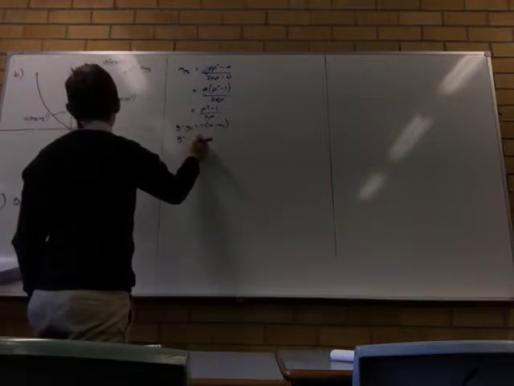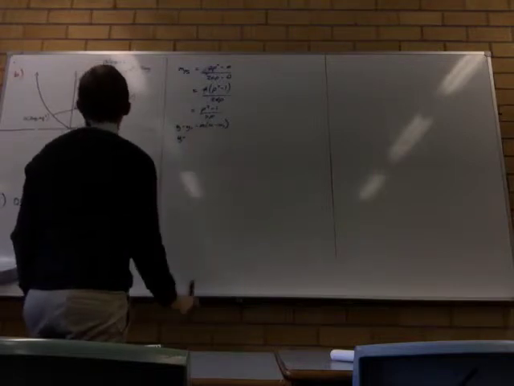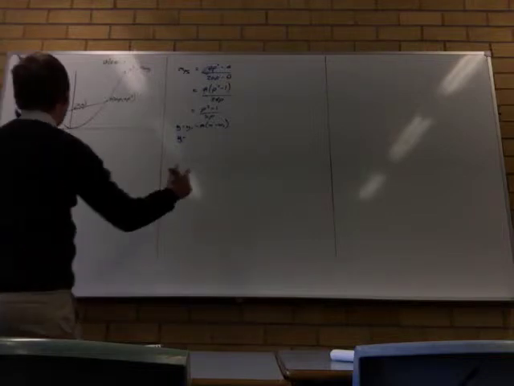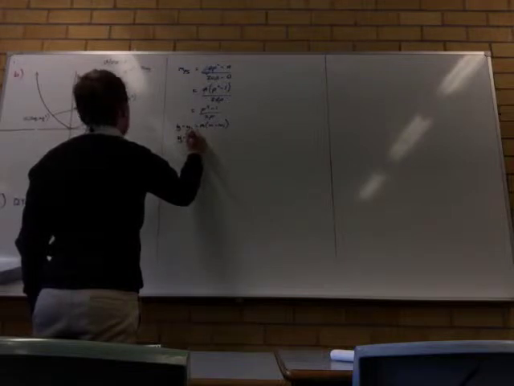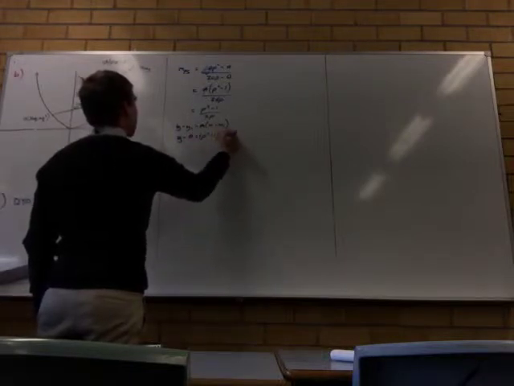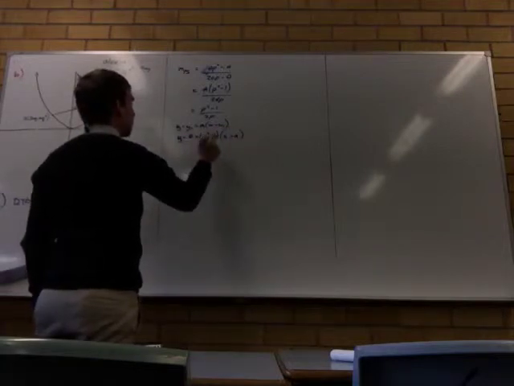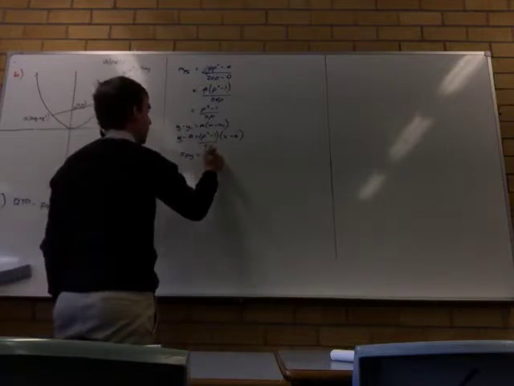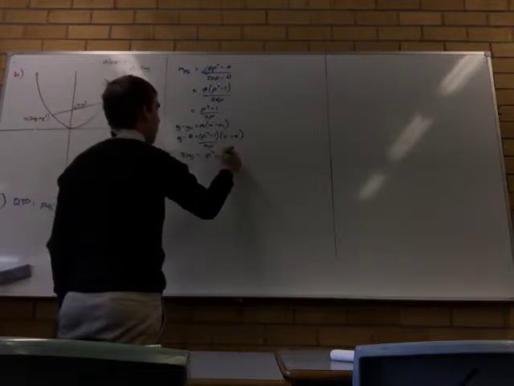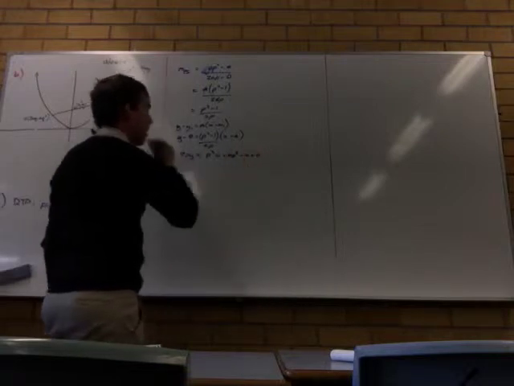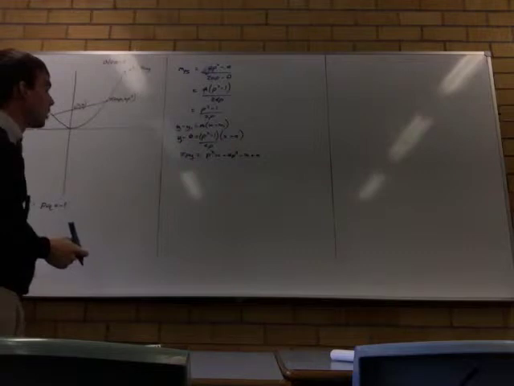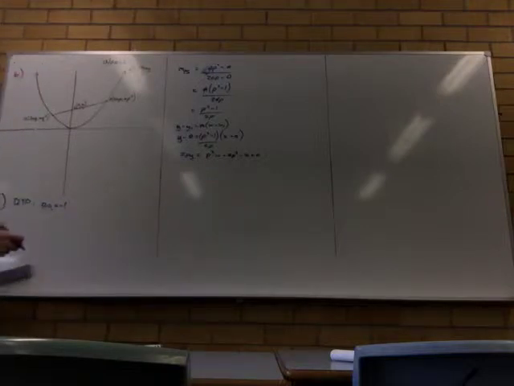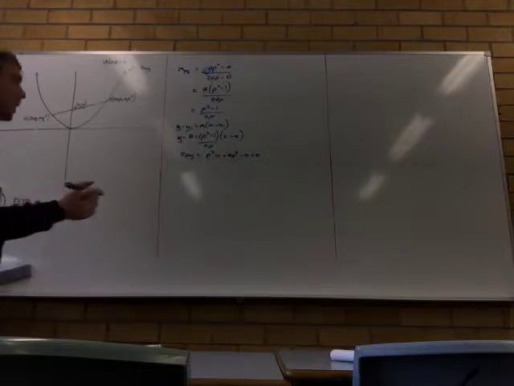Y minus 0 equals (p squared minus 1) over 2p, times (x minus a). So 2py is going to be (p squared minus 1)(x minus a). No, it won't work, unless we substitute in q; we'll need PQ. You know what, that's going to get messier before it gets better.